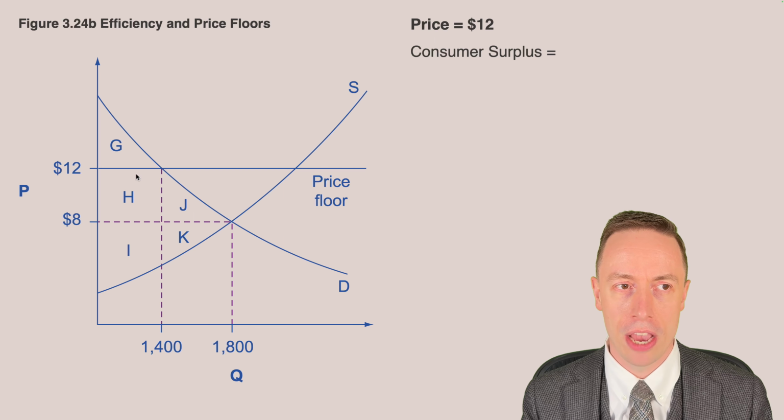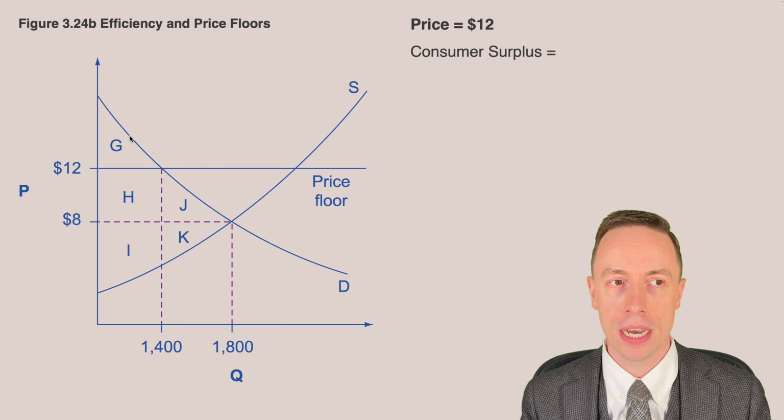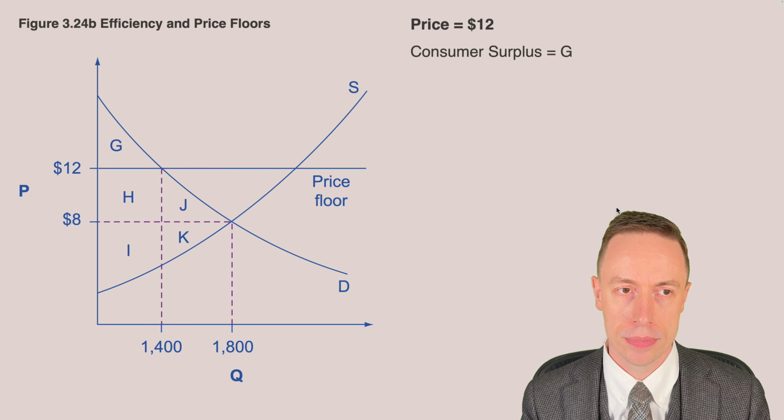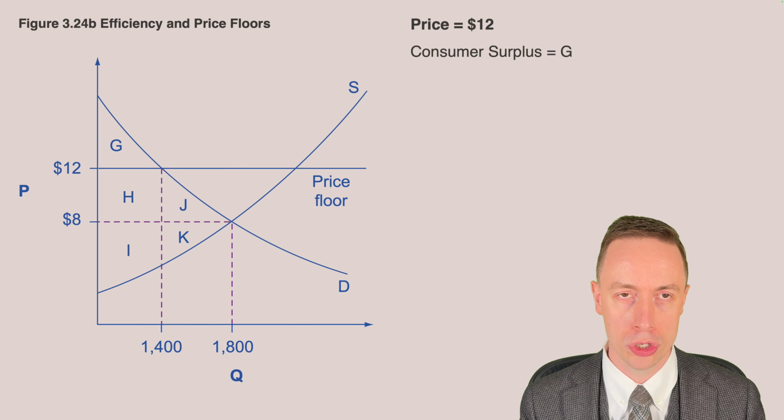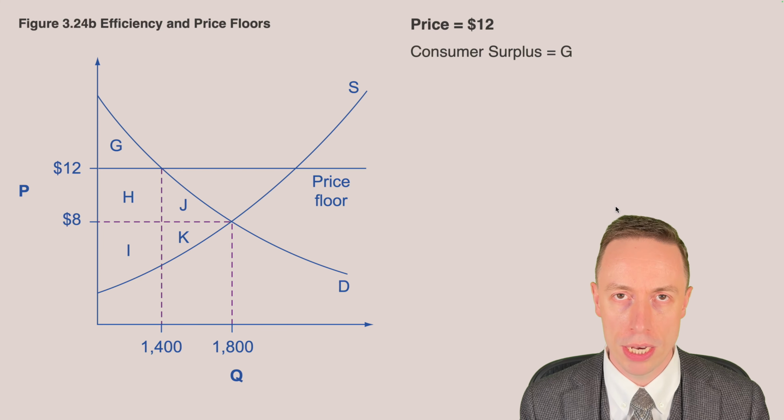Instead of having areas G, H, and J underneath the demand curve and above the price, we now find underneath the demand curve and above the $12 price only area G. On the other hand, potentially good news for producers, higher prices.